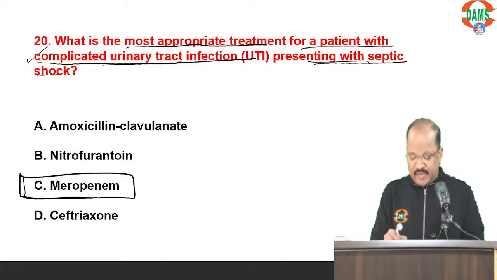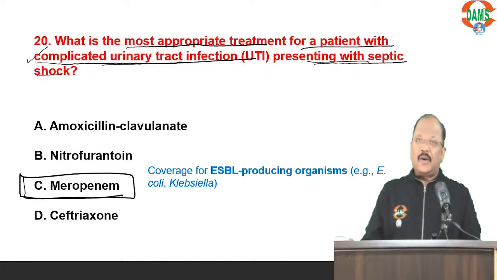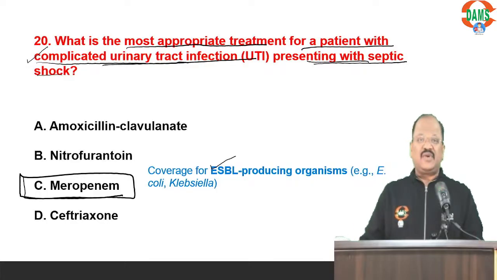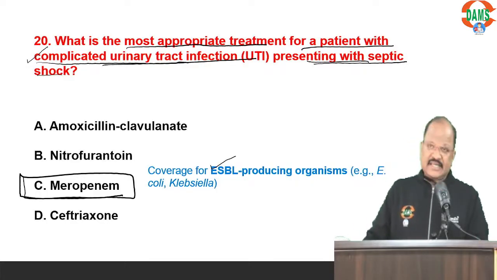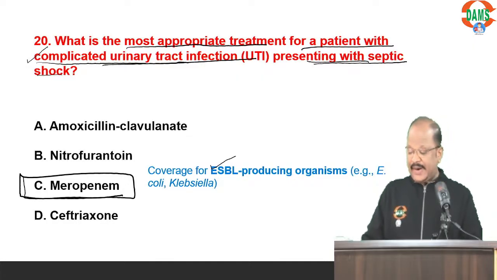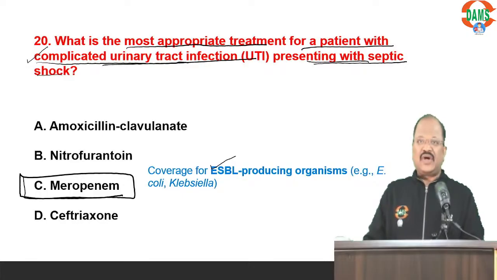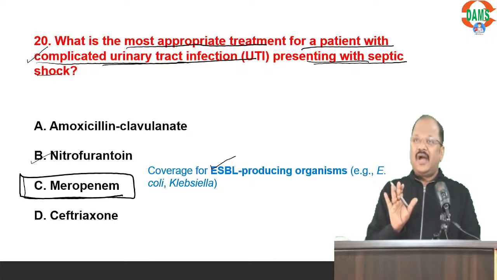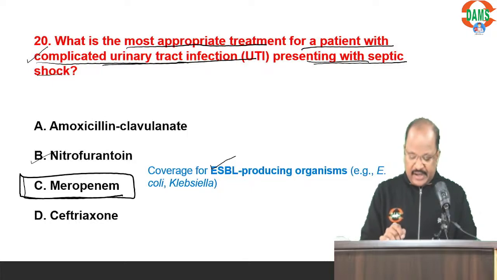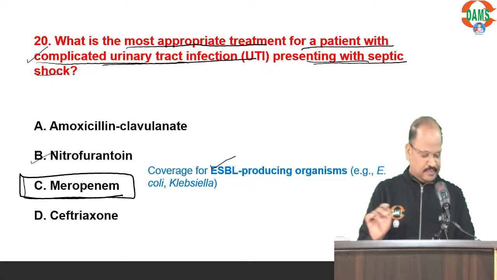It's a carbapenem derivative useful for complicated UTI and extensively drug-resistant cases. It covers ESBL-producing organisms like E. coli and Klebsiella, whereas others are not that useful for this case. Nitrofurantoin is useful only for uncomplicated UTI, not for complicated. Others can be tried, but the best choice is meropenem.